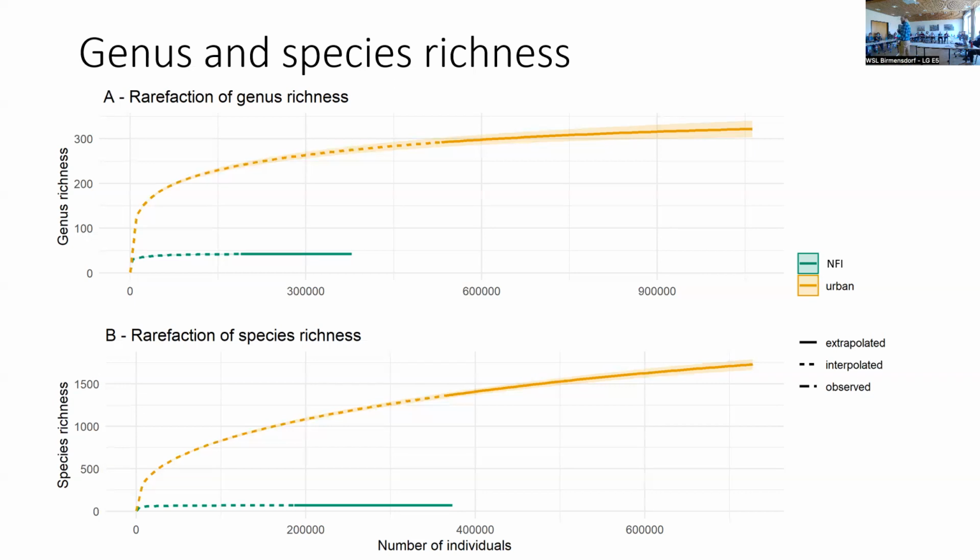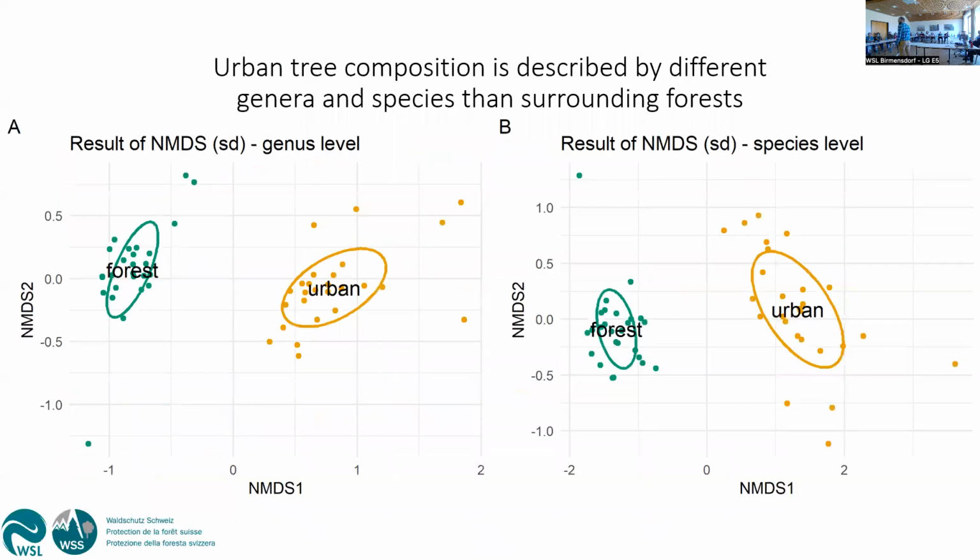We also see that the forest data sets are really nicely covered with the sample size, and to really get everything of your city species and genera, you really need high sample sizes, and we're happy that we have a lot of trees in our data set.